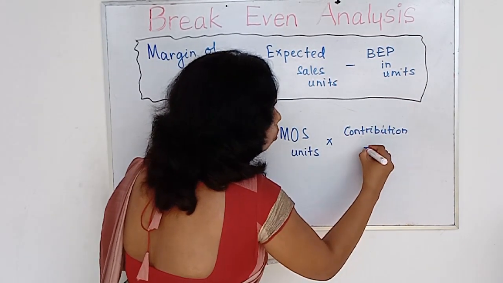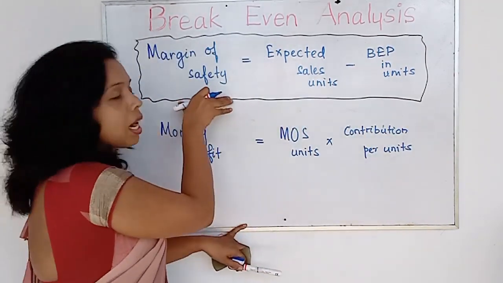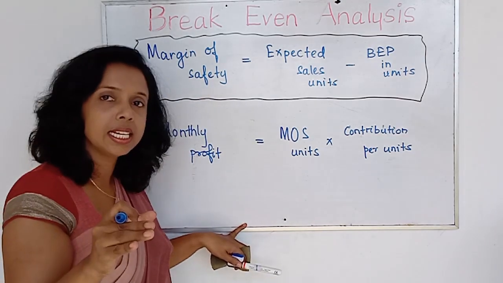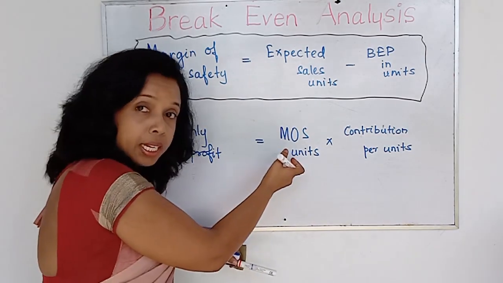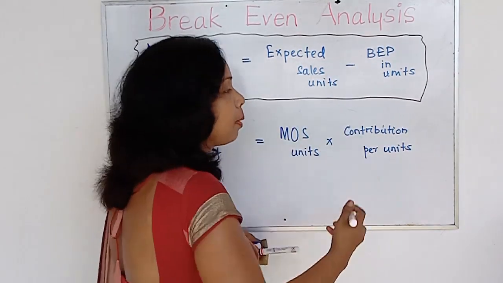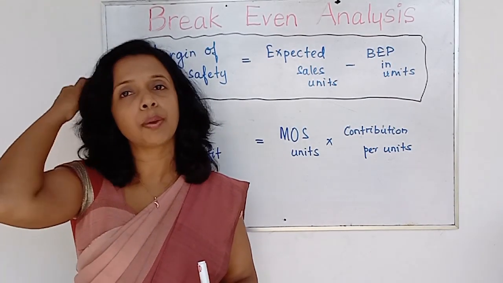Why did I have to do it like that, contribution per unit? Because this margin only gives me the profit, right? This is the number of units. Then how can I find the profit value? I want to multiply it by contribution per unit. Why did we consider the contribution per unit?